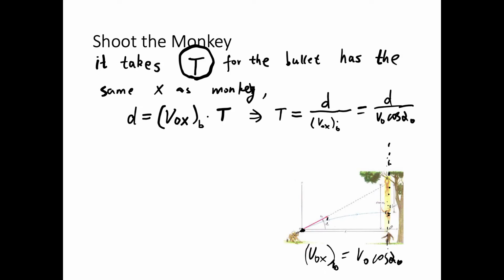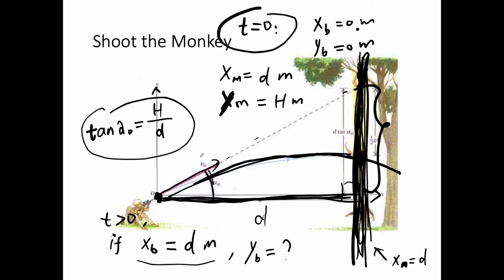Now we don't know the y coordinate of the bullet at the time capital T yet, but we can calculate that. Right now we can calculate the y position of the bullet at any given time. At any given t, it should be the initial location of the bullet when t equals 0, and we have already defined the y position of the bullet at t equals 0 to be 0.